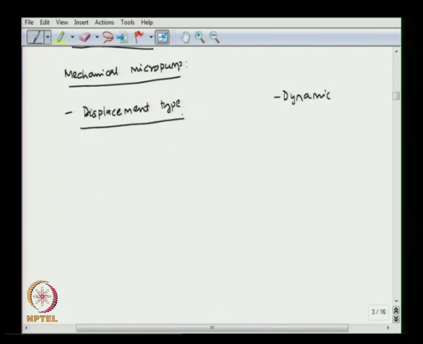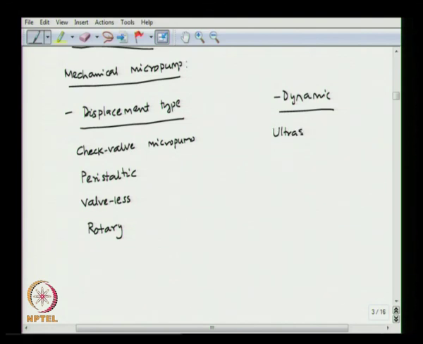So, under displacement we have check valve micro pump, then we have peristaltic micro pump, then we have valveless micro pump, and we have rotary micro pumps. Okay. And in dynamic we have ultrasonic and centrifugal.